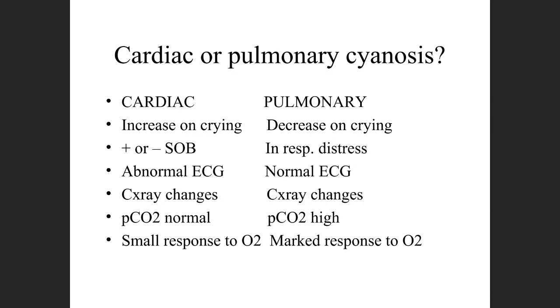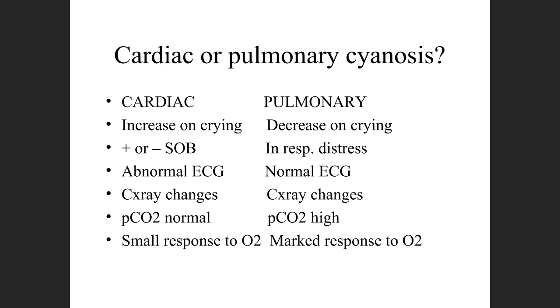The patients who have a pulmonary cause for cyanosis are usually in respiratory distress. The ECG is usually normal, and the chest X-ray will show the changes because of the primarily pulmonary lesion.